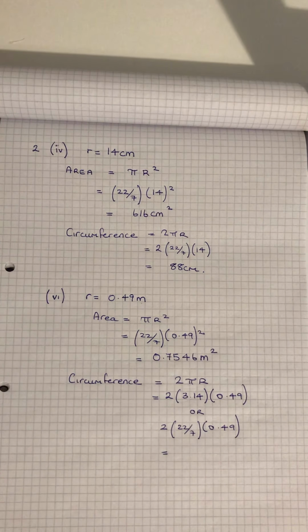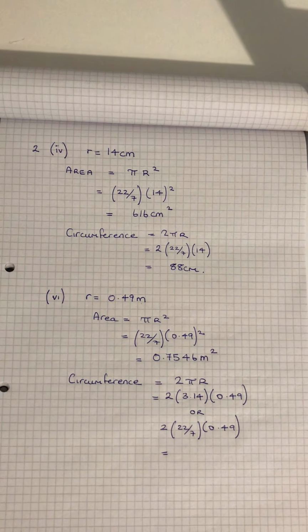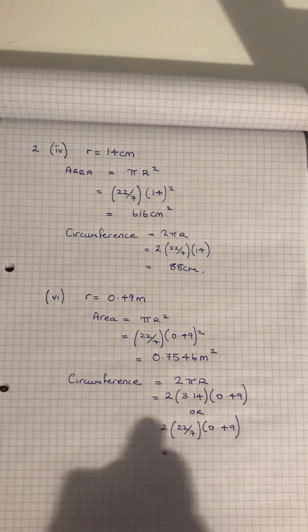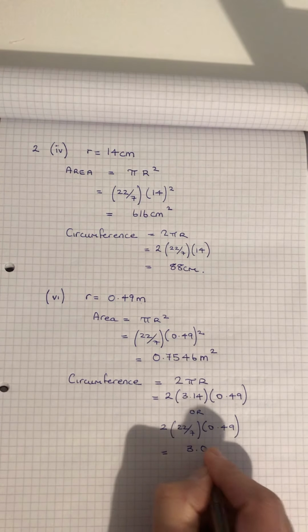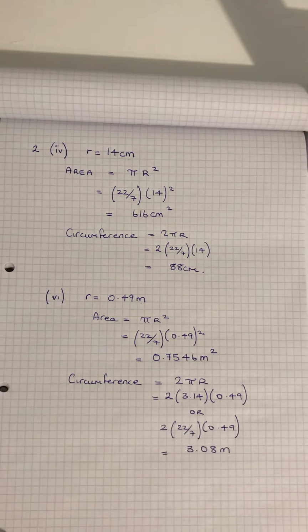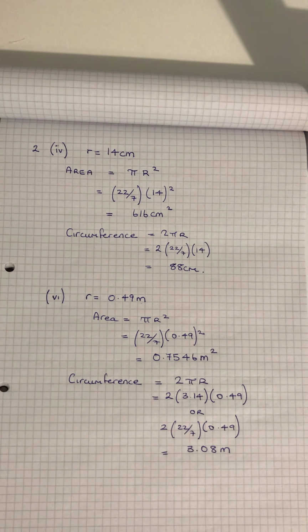So it depends whichever one they tell you is for pi. Okay? And they'll generally tell you in the question. That equals 3.08 meters. Okay? So that's some examples of area and circumference of a circle for you.